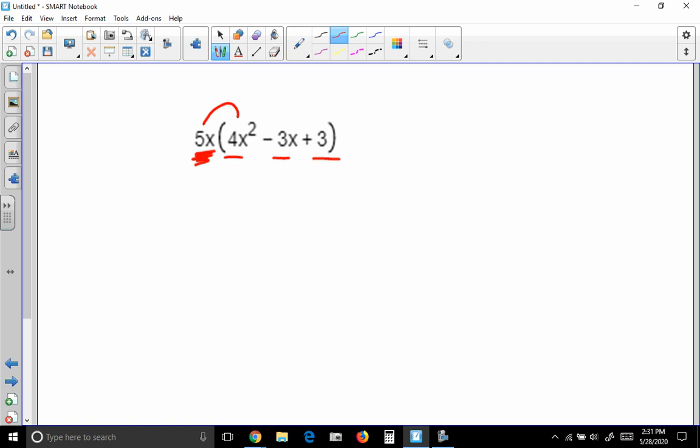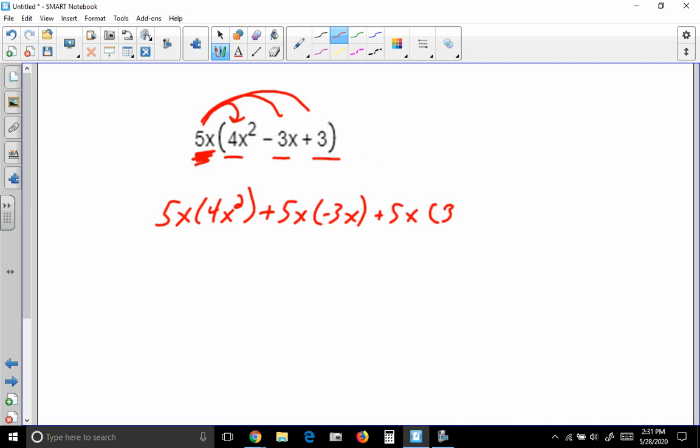So we distribute 5x times 4x squared, and then we distribute 5x times minus 3x, and then we distribute 5x times 3. So 5 times 4 is 20. x times x squared. What do we do with those exponents? We add them, so 1 plus 2, so 20x cubed.